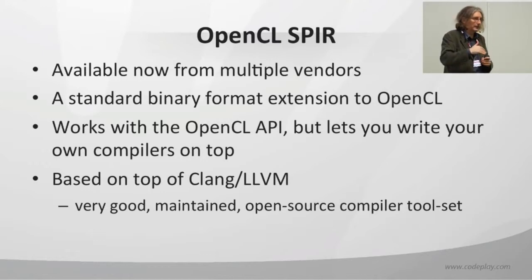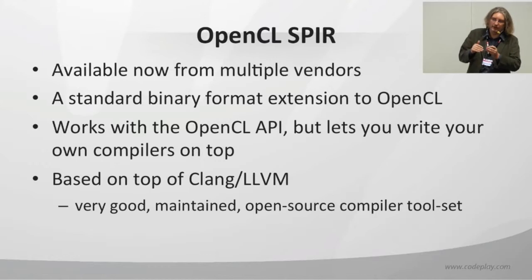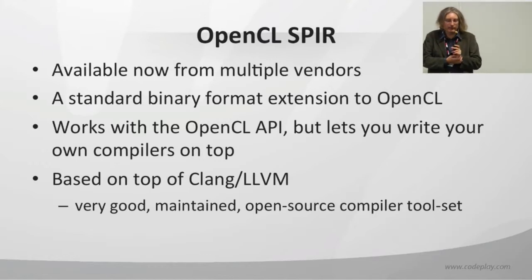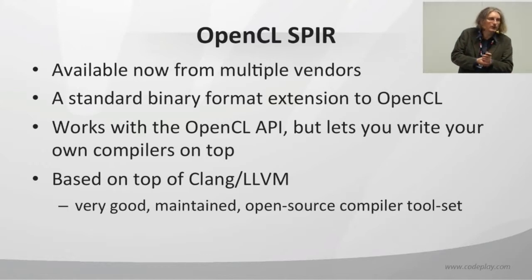You can write your own compiler toolchain, compile down to that. And this is going to allow you to write a language that runs on multiple cores. It's not supported everywhere, but I am expecting it to be supported by an increasing number of vendors. So this is going to become much more viable as a way of being able to bring your own languages and run it across lots of different processing cores.